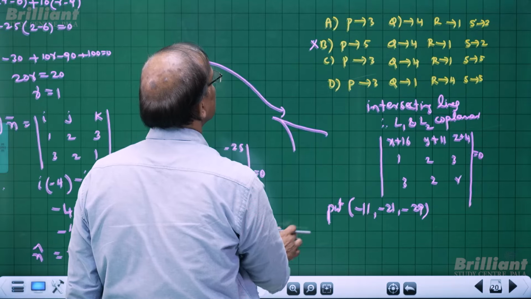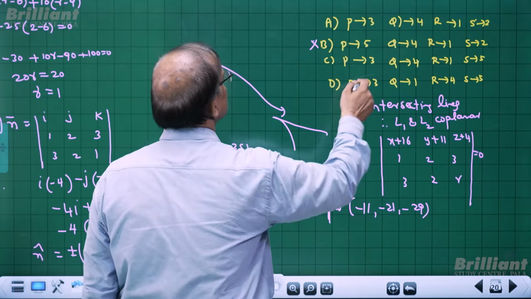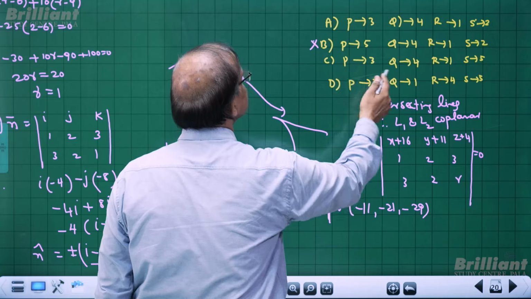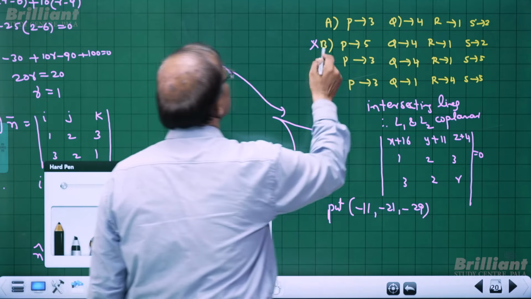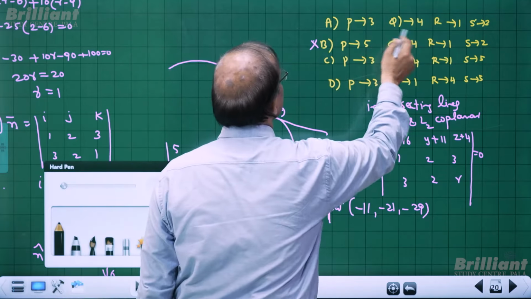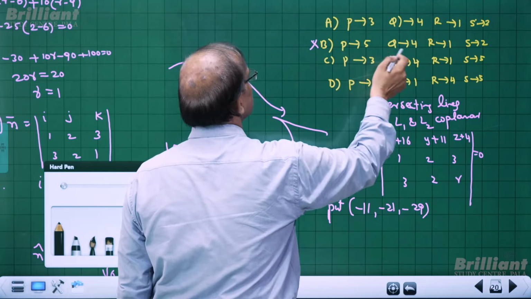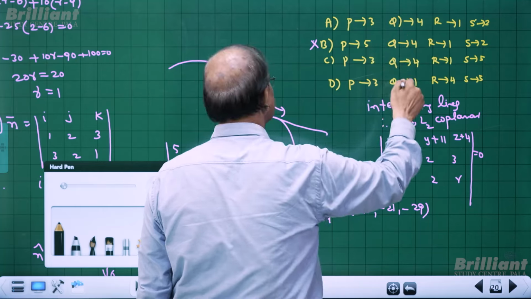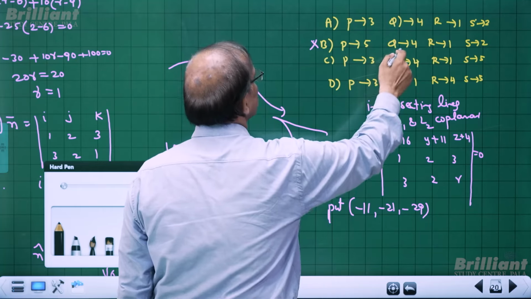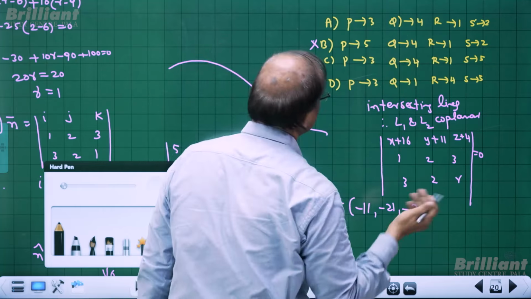Q is 4. So, options A, C, Q4, and B, Q4 is there, everywhere Q4. We have to do one more question.